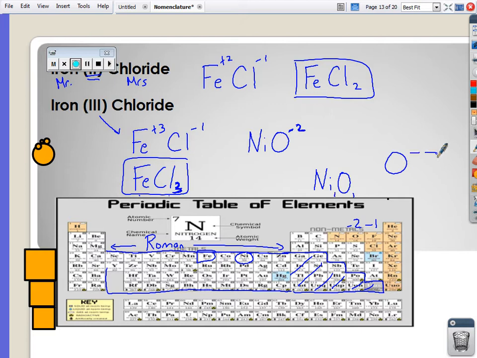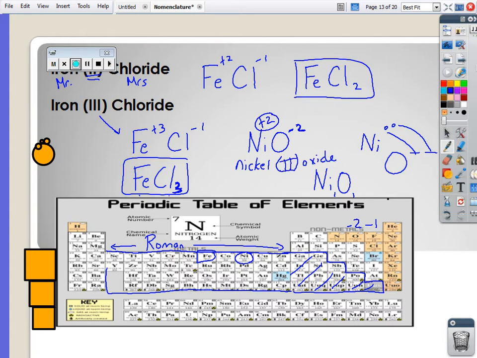Oxygen has -2. That means it has 2 mitts out. There's 1 nickel. How many balls must this nickel be throwing? 2. Doesn't that make sense? If nickel's throwing 2 electrons, it matches up equally with oxygen. So I'm going to name this nickel, I don't know yet, oxide. Still Mr. and Mrs. What goes in there? This 2, and that's Roman numeral 2. And that's how that works.